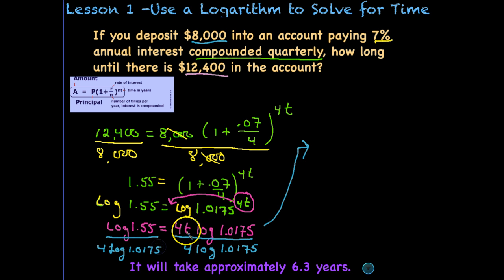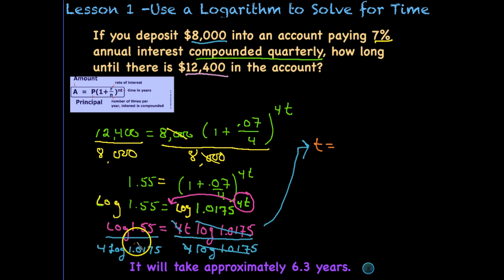All right, so what cancels here? The 4's cancel, and the log cancel. That just leaves t. On the right side we have t, and now on this left side here we have log 1.55 divided by this.